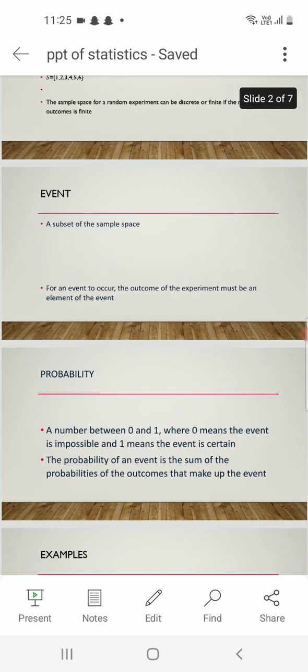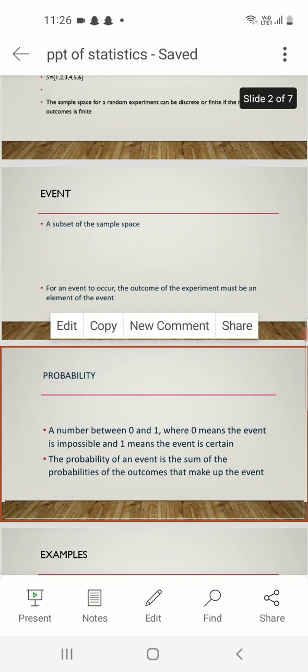Now we see probability. Both these terms are the basics of probability. For probability, we have any random experiment. Probability is a number between 0 and 1, where 0 means the event is impossible.